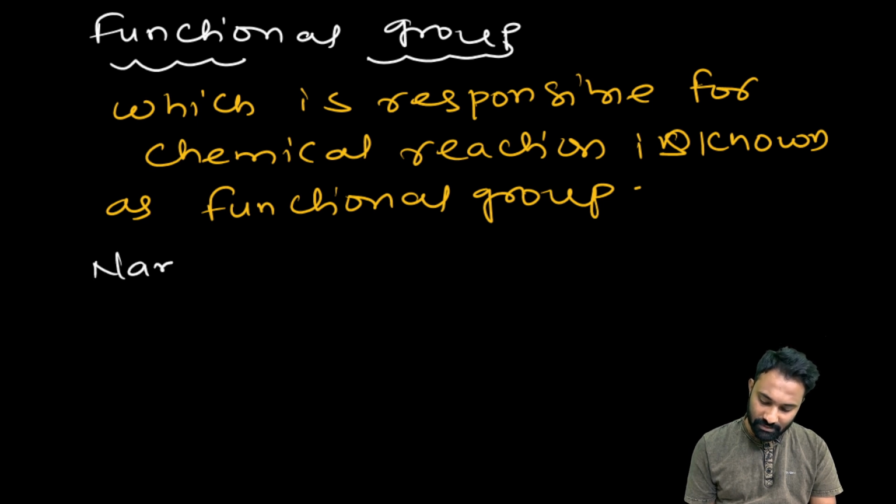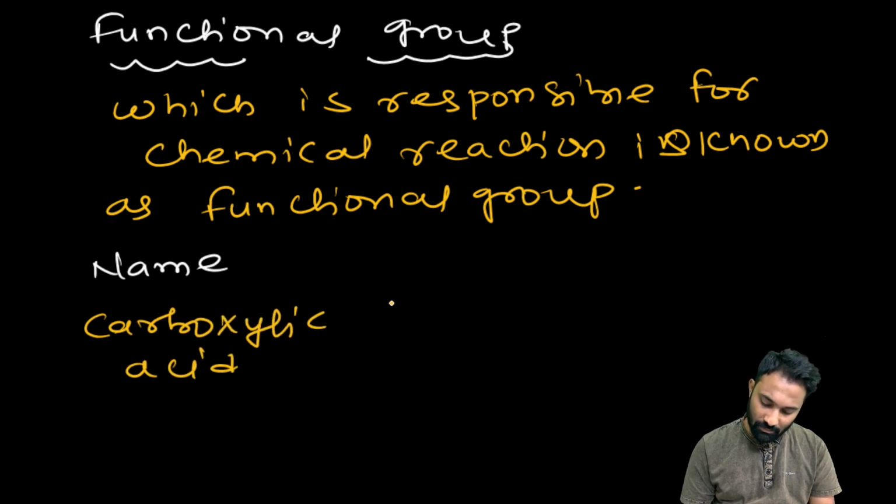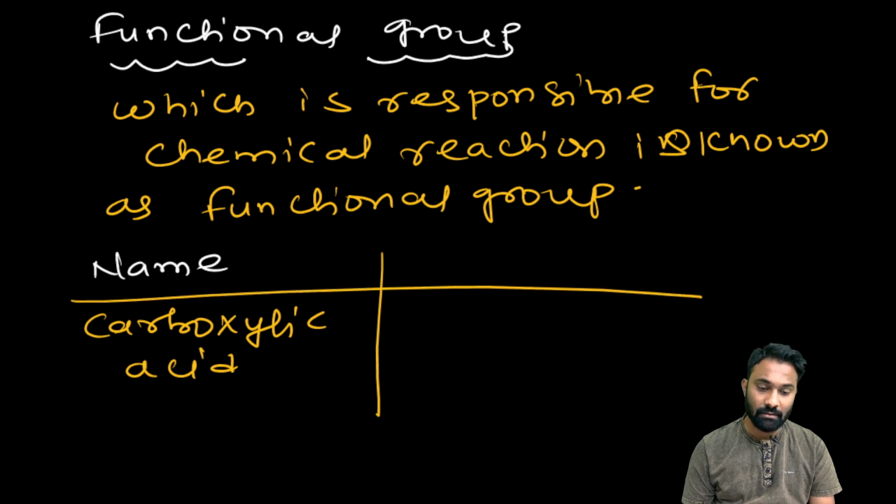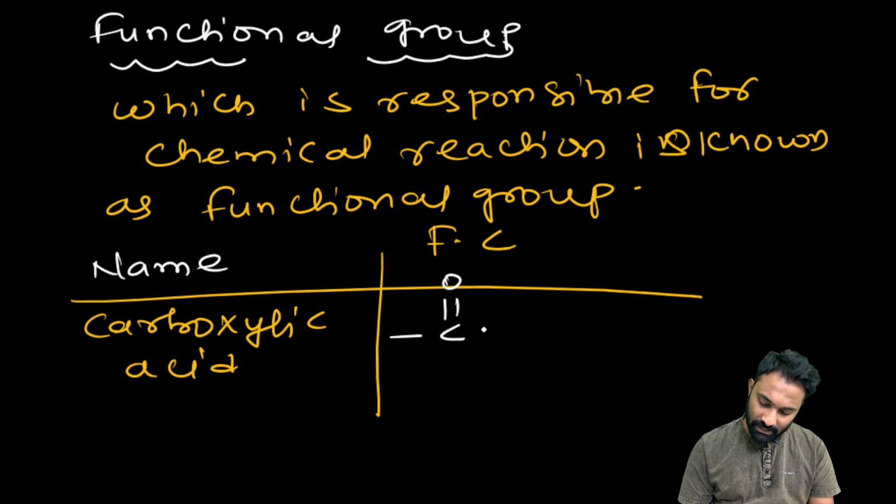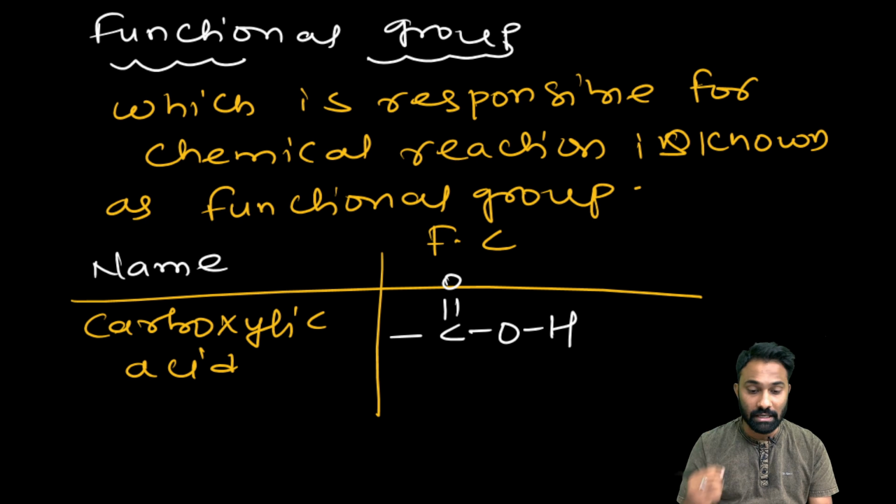Now we'll see what functional groups we have in chemistry. The first one is the carboxylic acid. How will the carboxylic acid be? C double bond O, OH.